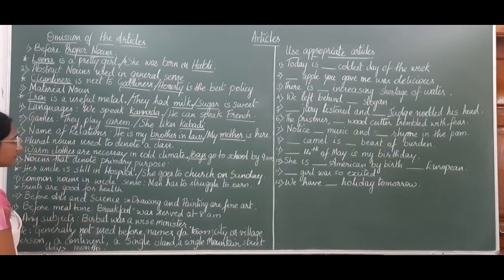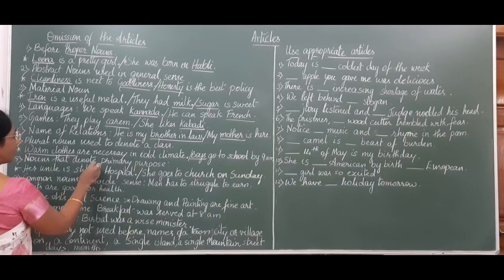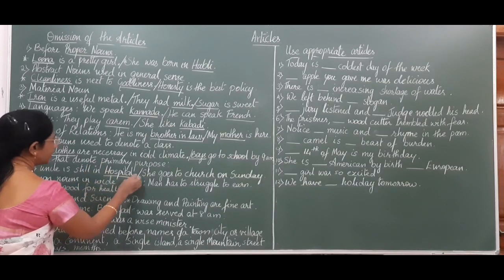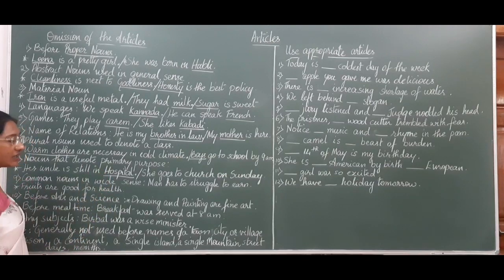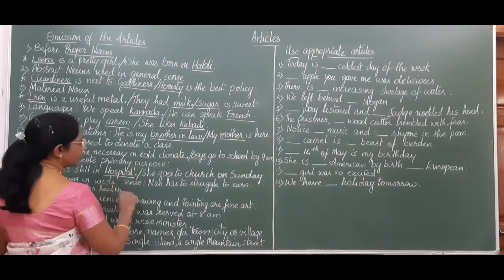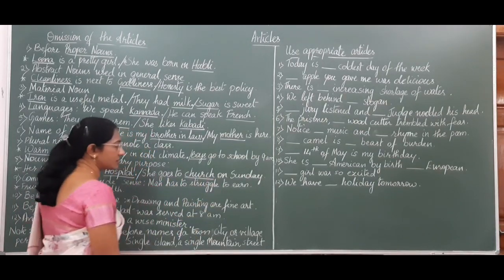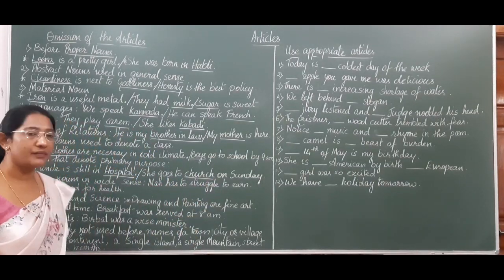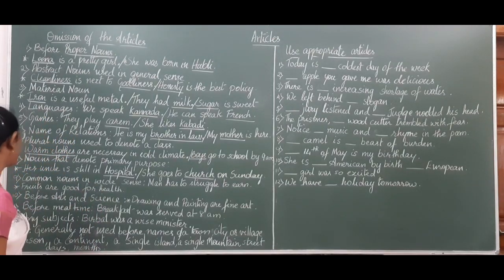Like, her uncle is still in hospital. So before hospital, we don't use an article. It is under a primary purpose. She goes to church. Church, temple, mosque. All are primary purposes in our life and they don't take articles.